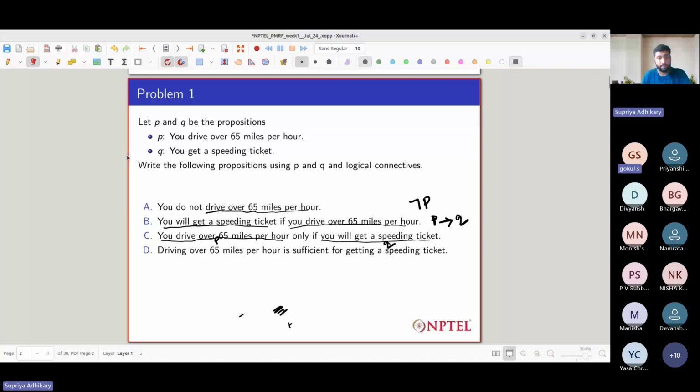This is how we can write this using the logical connectives.